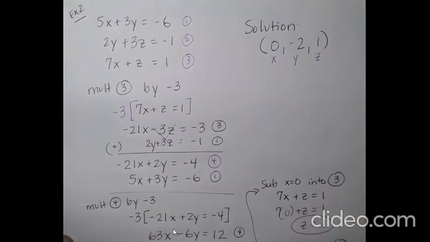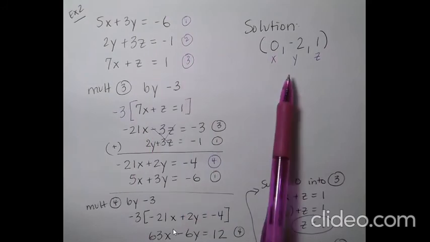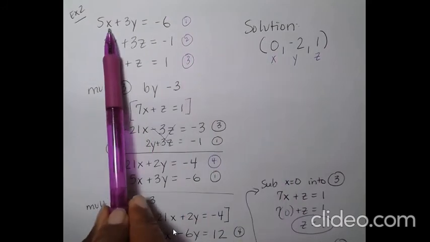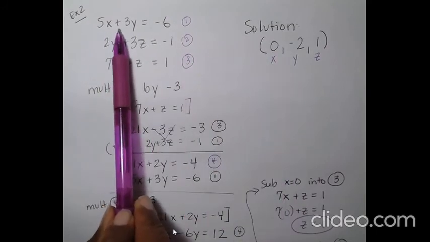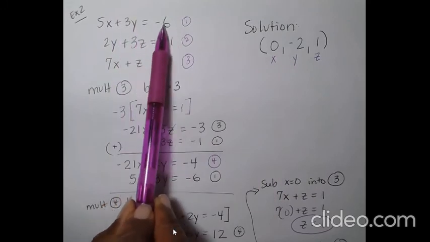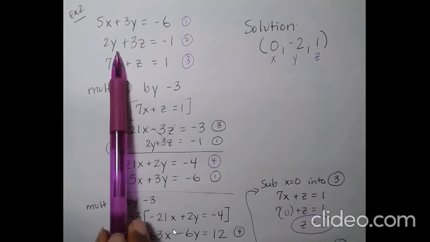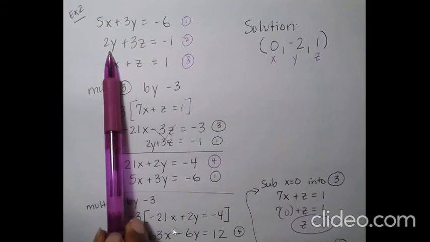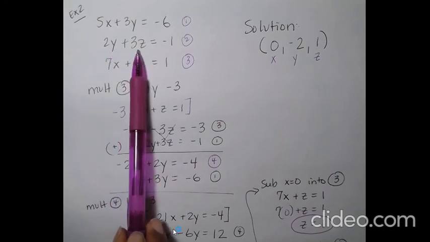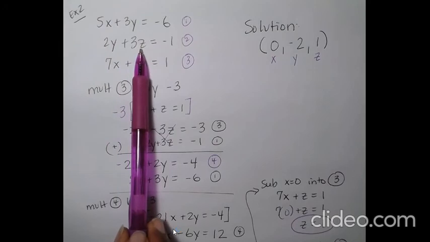We can put these back into the original equations to see if these are true. Let's put these in. 5 times 0, 0, plus 3 times negative 2, which is negative 6, and negative 6 does equal negative 6. This one checks out. 2y, which is 2 times negative 2, so that's negative 4, plus 3 times z.